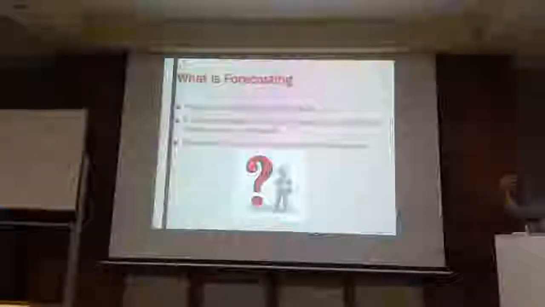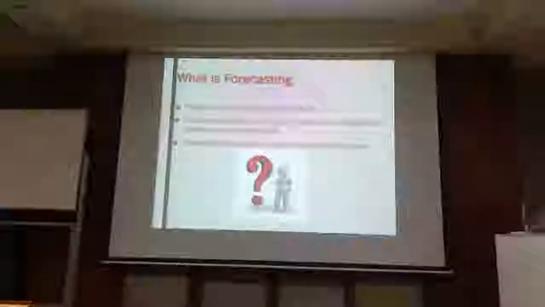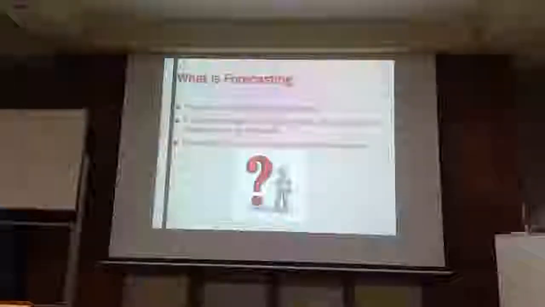We are not talking about forecasting a new product that we're going to launch. In our class, we forecast the demand of customers for the existing product that we sell, or the service that we provide.